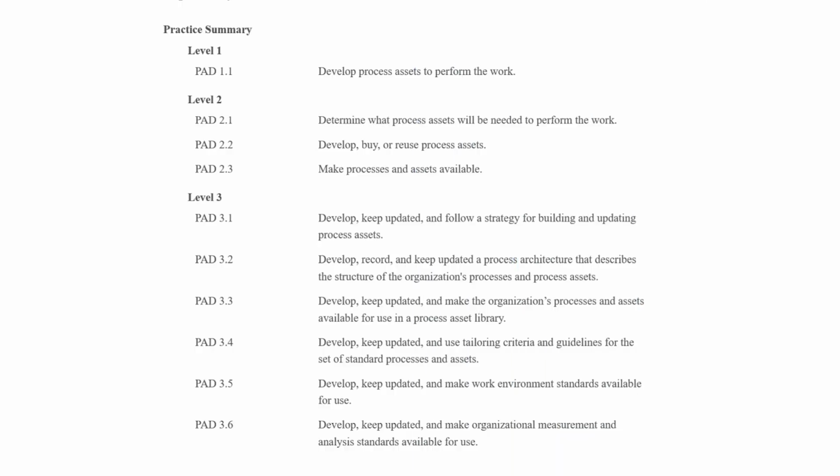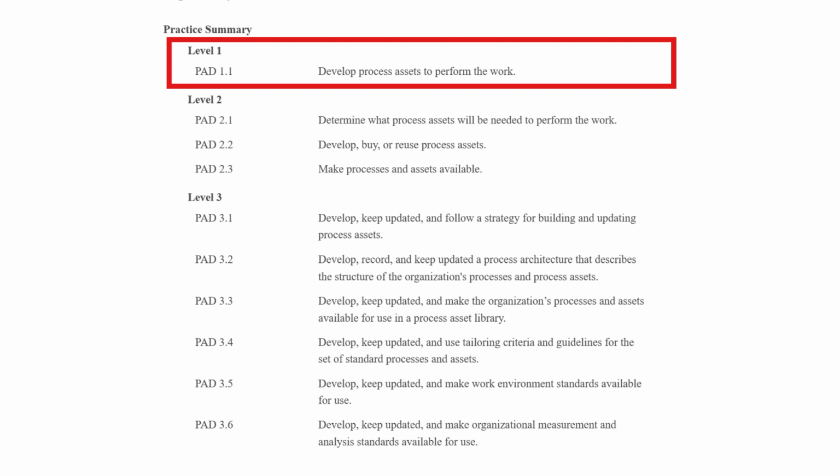The practices of process asset development go up to practice group level 3 and reflect the expected evolutionary progression towards increasing capability. The level 1 practice simply expects us to develop some process assets to perform the work.